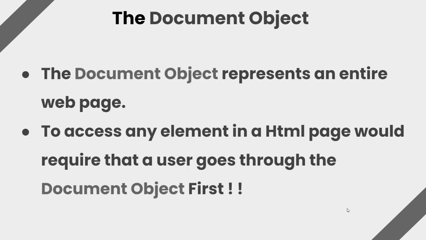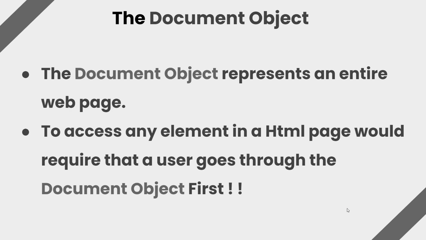So here we have the document object. Now, if you remember very well from the structure of the DOM, I made mention that the root object of the DOM is actually the document object. So this document object here actually represents that very first beginning of the structure of the DOM.